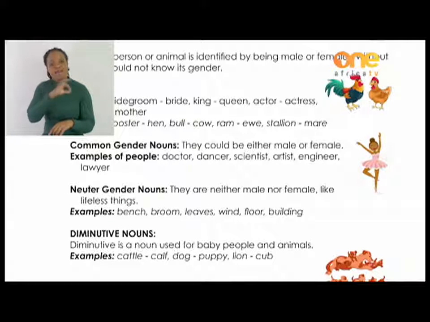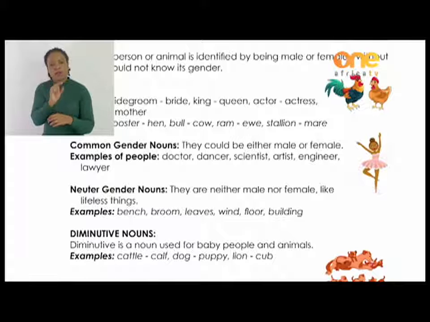Let's now go to common gender. There are other things that use the same gender noun, whether it's a male person or a female person. They use a common gender noun.